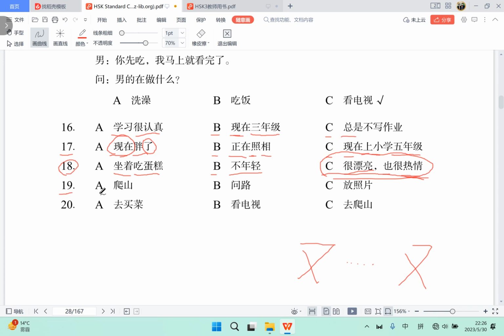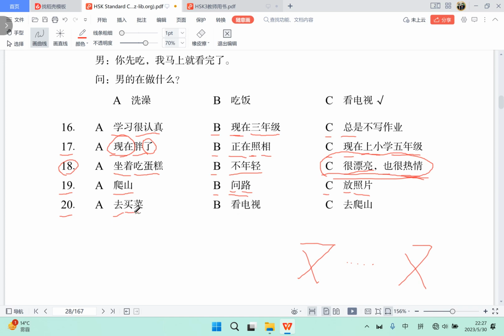And 19, 爬山, to climb the mountain. B, 问路, to ask the direction. And C, 放照片, 放 is to put, español poner, 照片 photos, to put the photo. And 20, 去买菜, to go buy vegetables, to do some grocery shopping.